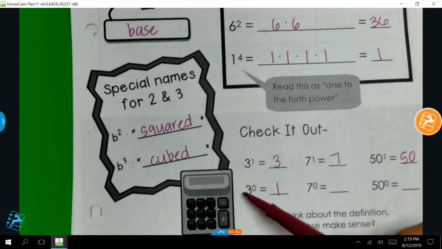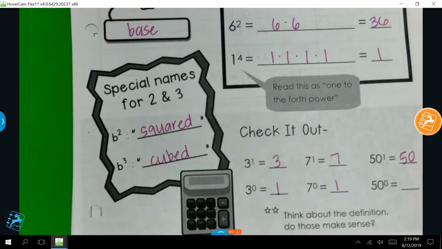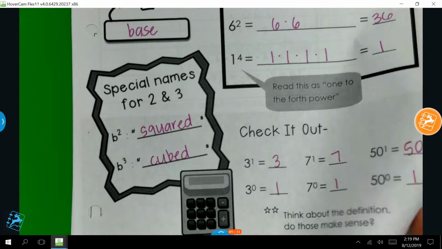So you're multiplying the base by itself, meaning it would be like 3 times 3 times 3 or anything, right? But you're not multiplying it by anything because it's the 0. So it's always just 1. Got it? So all you need to know is anything, no matter what number it is, raised to the 0 power is always going to be 1. Okay. So 50 to the 0 power is going to be 1 as well. Anything raised to the 0 power is always 1.